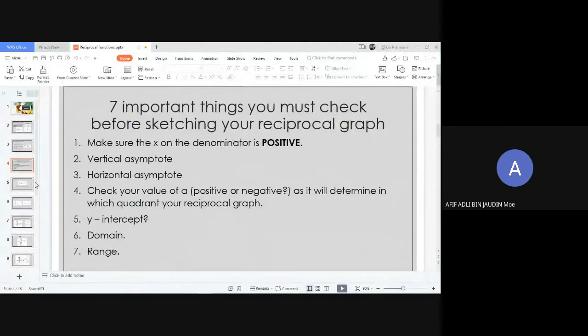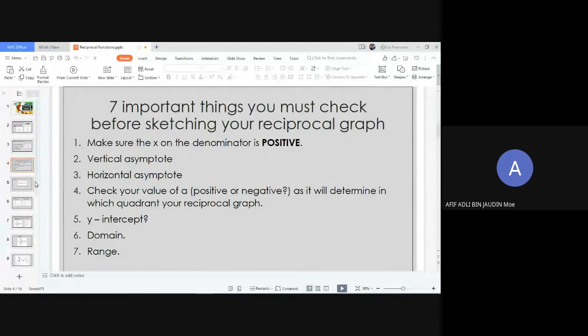And then the horizontal asymptote, we can determine it by looking at the value of c. If the function does not state the value of c, then the value of c is equal to 0.